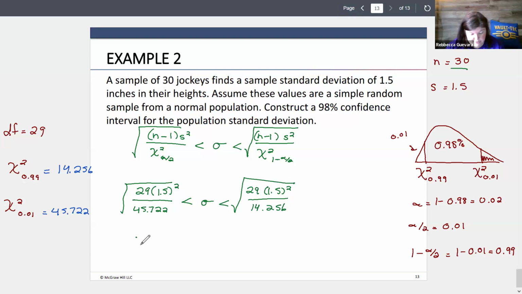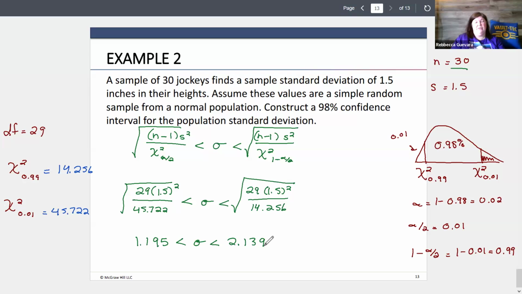So we are going to end up with 1.195 is less than sigma, which is less than, well, the square root of 29 times 1.5 squared divided by 14.256, which comes to 2.139. Make sure I run that correctly.